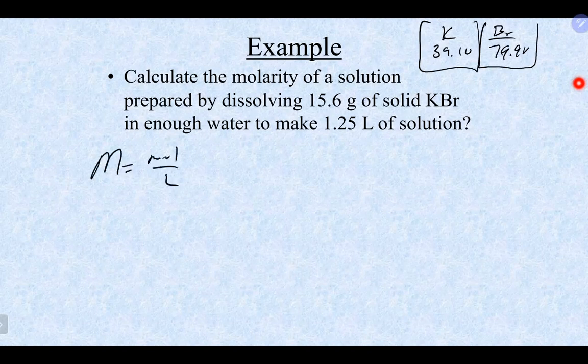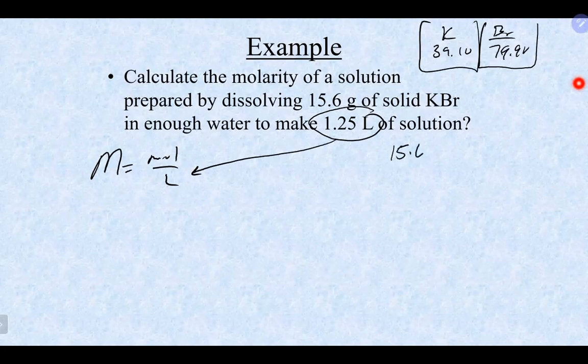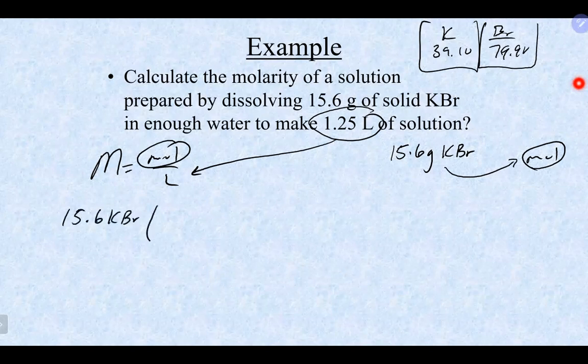So if we look at what we have, obviously we have the liters part given to us, which is 1.25 liters. And the other thing that we have is 15.6 grams of KBr. And that's okay because we do know how to go from grams to moles, which is essentially what we need to actually calculate the molarity. So that's what we would want to do. We would want to convert our grams of KBr into moles using the molar mass from the periodic table.